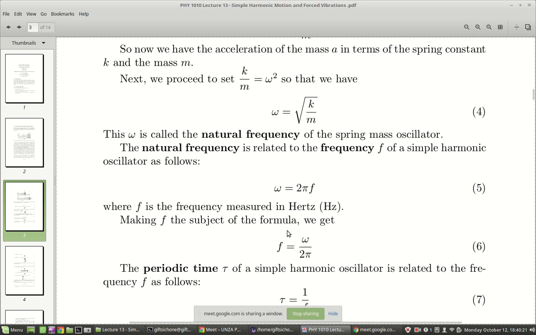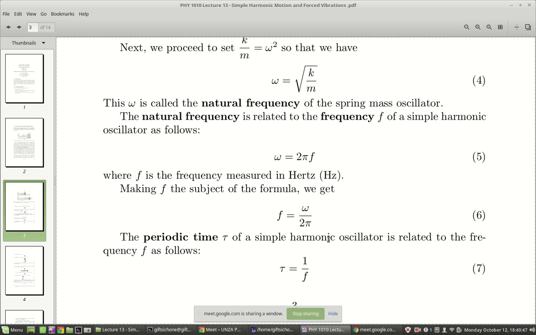Now, if you remember your circular motion, 2 pi is actually an angle. It is an angular distance which you cover when you move in a circle.